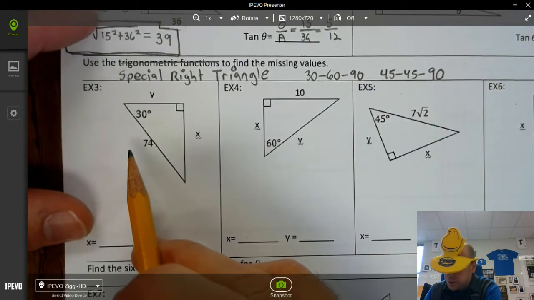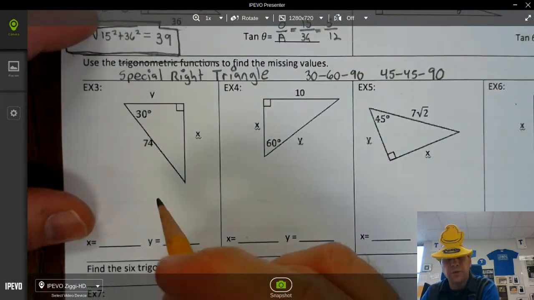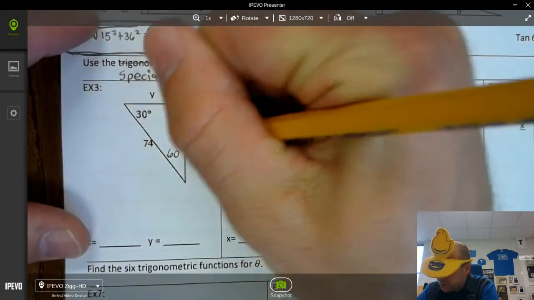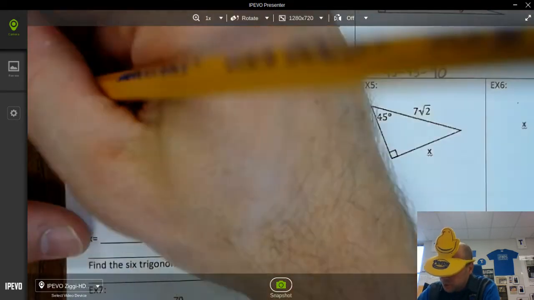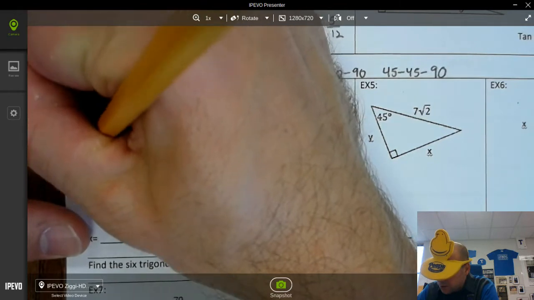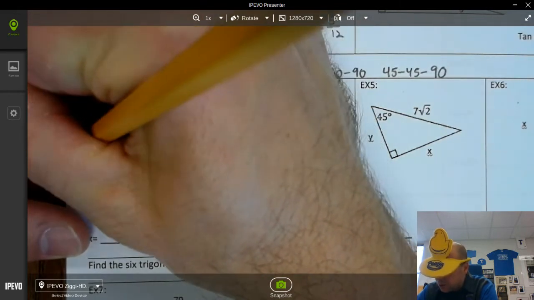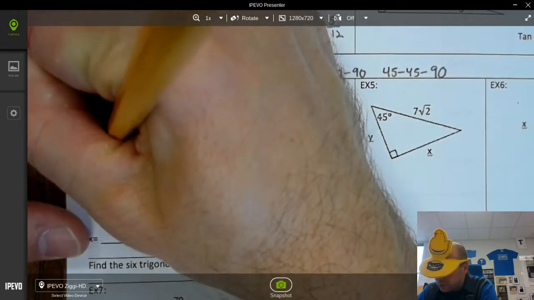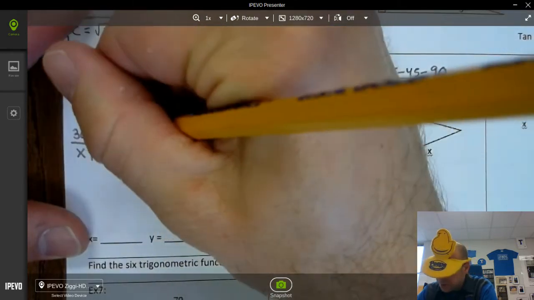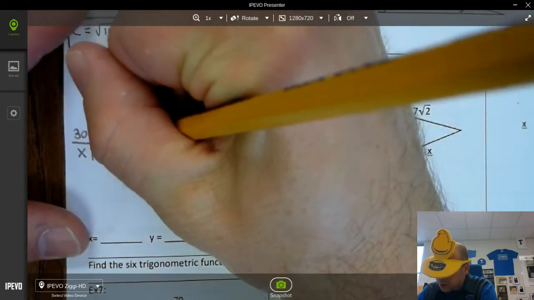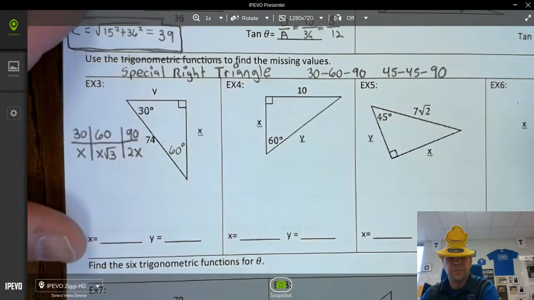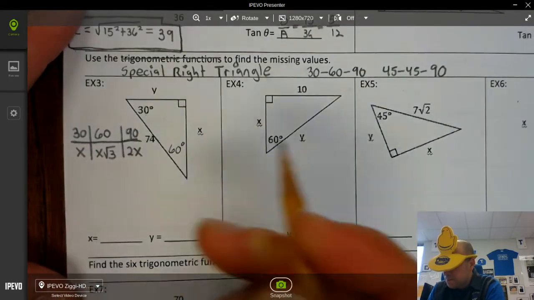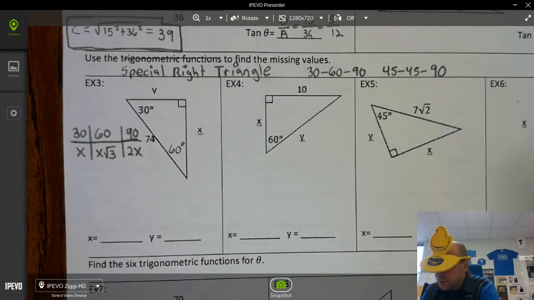So we know in the 30, 60, 90 triangle, and we know this is 30, 60, 90 because if this is 30, it's 90, this has to be 60 degrees. Okay? We know that 30 is across from x, 60 is across from x square root of 3, and 90 is across from 2x. All right, well, let's see what we have.